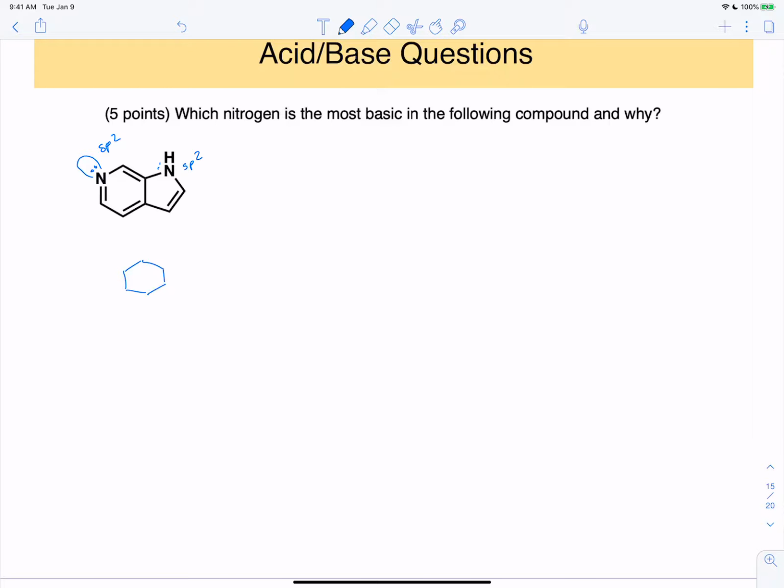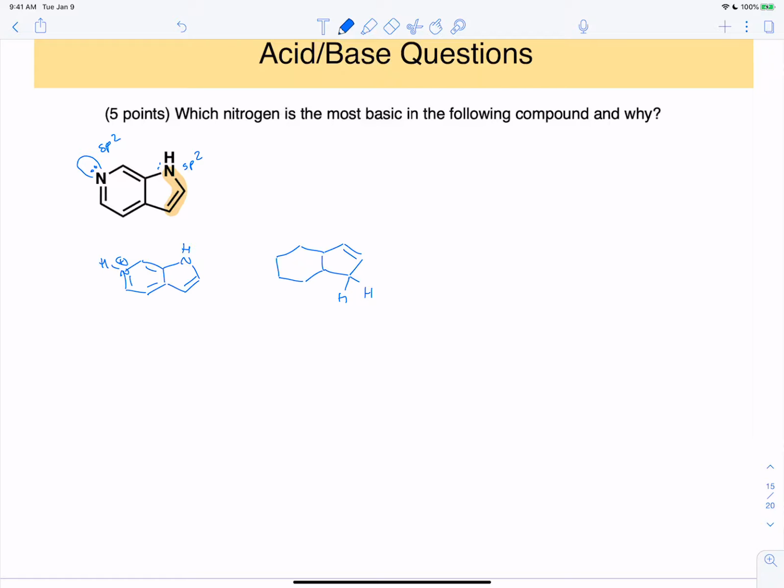So once again, we can see what happens if each of these gets protonated. If you protonate the pyridine-like nitrogen, it gets a positive charge, and the system stays aromatic. Whereas if you try to protonate the other nitrogen, it actually probably protonates at carbon, kind of like an enamine would, because we see there is this enamine-like nature to this bond.